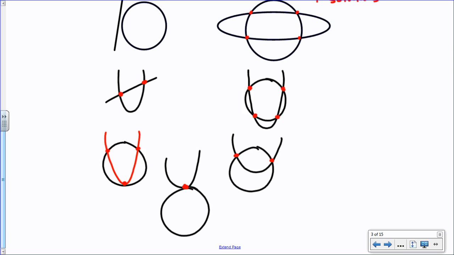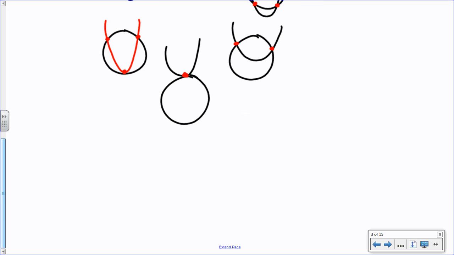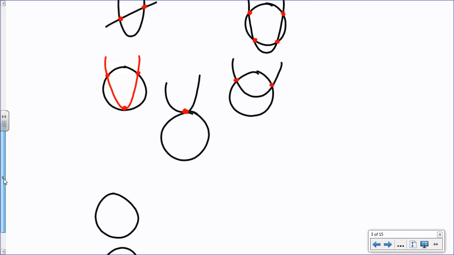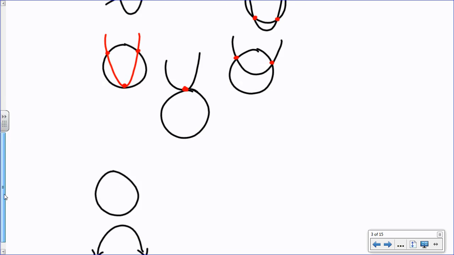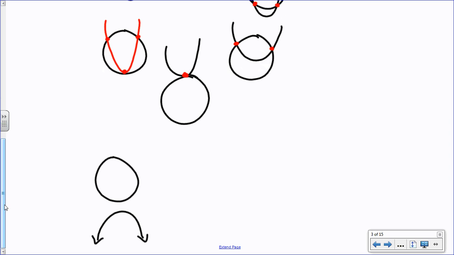You could also have no solution if your circle is here and your parabola is here. Okay. So, a circle and a parabola have up to four solutions. So each one of those solutions represents a separate ordered pair.